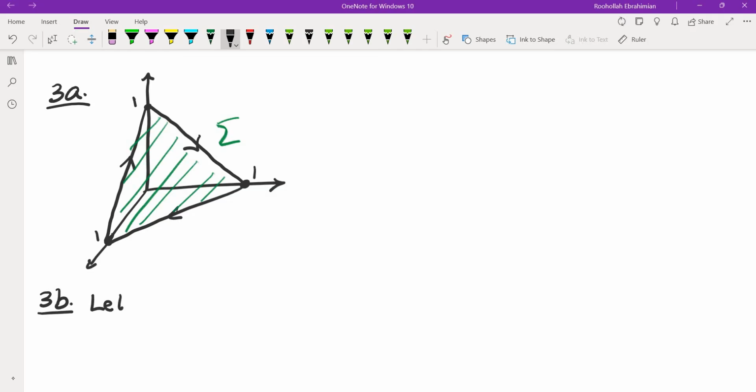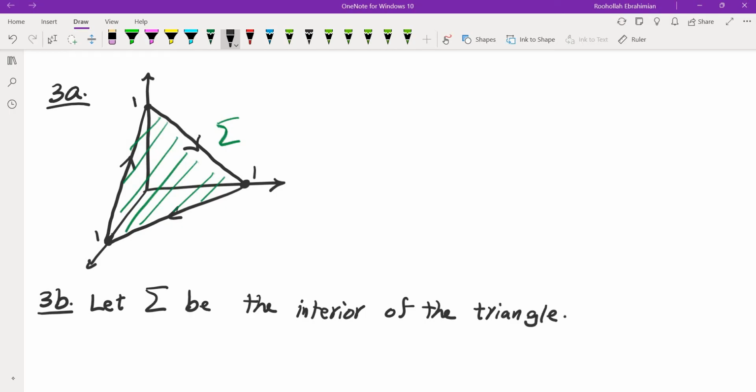So let sigma be the interior of the triangle. Okay, so that's what sigma is. And then we need the orientation. So by the right hand rule, this would have to be oriented downward.